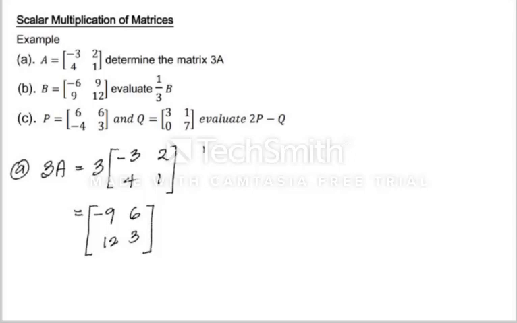B says 1/3 B. So this is 1/3 of B. B is what? Minus 6, 9, 9, 12. Now, we're multiplying everything inside by 1/3. Multiplying by 1/3 is the same as dividing by 3.